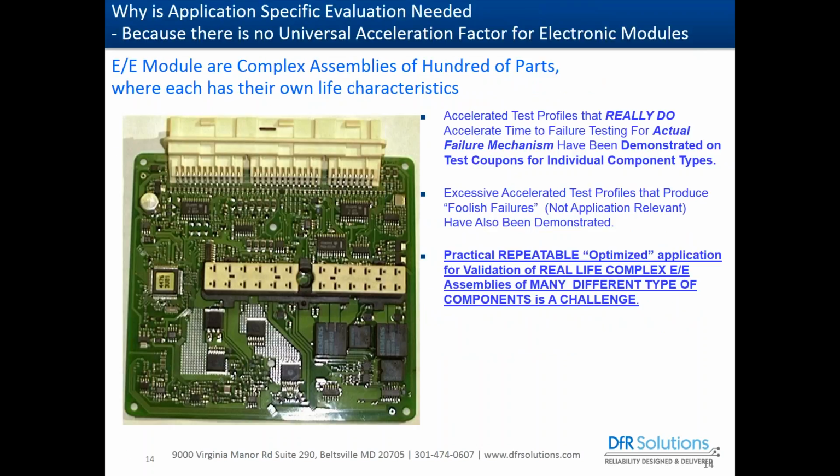So the next question might be, why are application-specific evaluations needed? Well, the truth is a circuit board assembly with hundreds of different kinds of components on it is a complex product, and each of those components has its own characteristic life. Now, when I got into electronic designs way back in the 70s, and some of the first automotive electronic products, there were a lot fewer components to choose from.